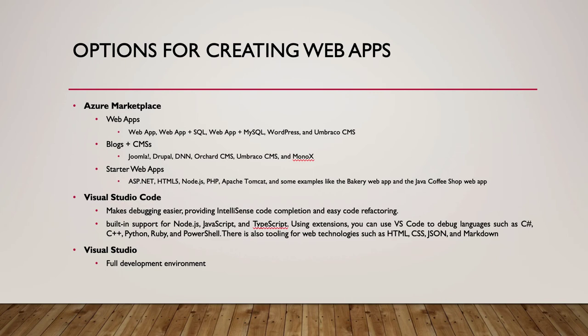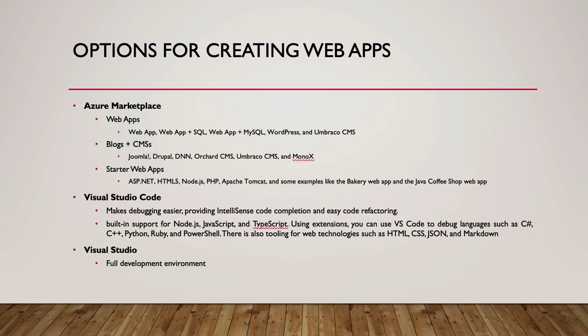This contains all of the resources you can deploy in Azure, and I'll show you how you can use this to create web apps from pre-existing templates such as WordPress. You have Visual Studio Code, which is a free open source cross-platform code editor with debugging capabilities, or you can use Visual Studio, Microsoft's full-fledged development IDE.